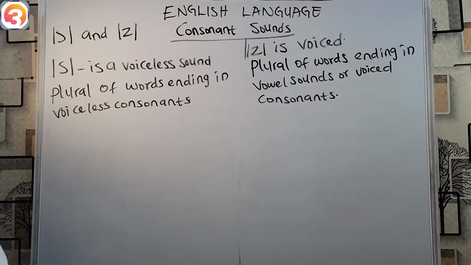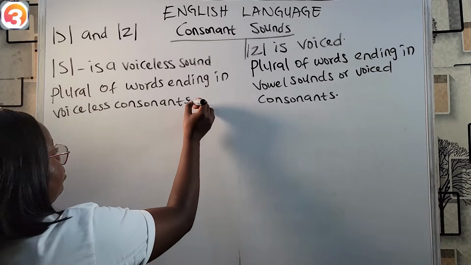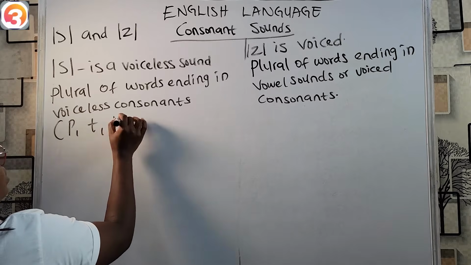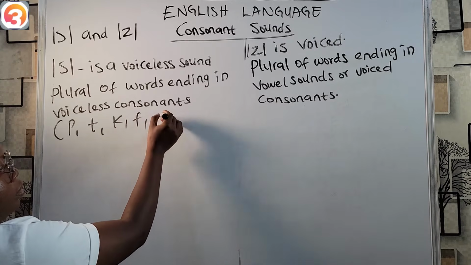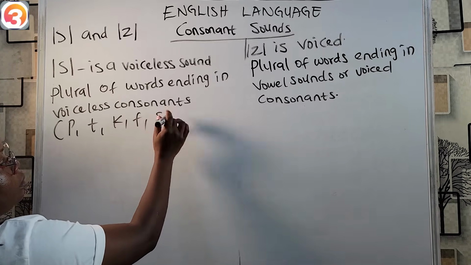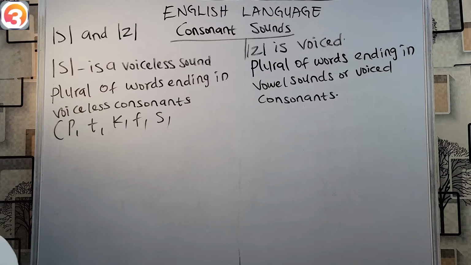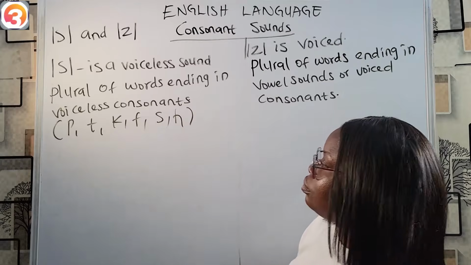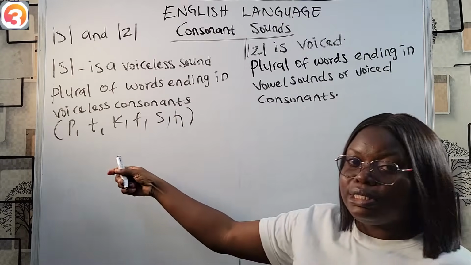So our voiceless consonants, we have examples like S, K, and so on. So these are our voiceless consonants.